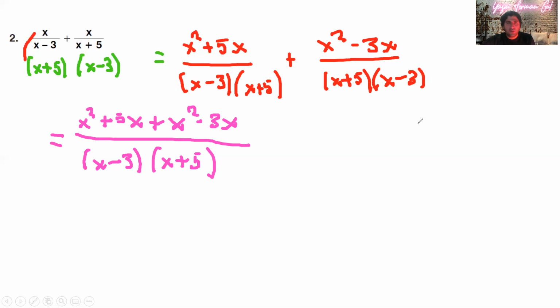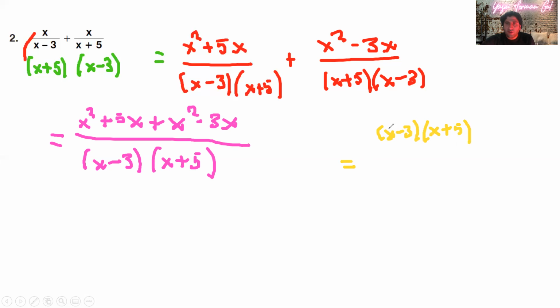So I'm going to say this equals to, I'm just going to write it here. Okay, let me write in a different color. Okay, this color I never used. x minus 3 times x plus 5. Okay, that equals to, guys, we're going to do this.